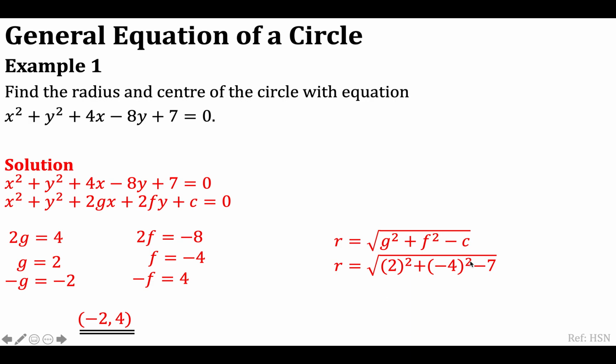Now it's really important, folks, that we have the bracket around the negative 4 so that we know that the negative is being squared as well. That's a common mistake that we don't want to be making when we get to higher. So when we evaluate that, we've got 4 plus 16, that's 20, minus 7 is 13. So the radius is the square root of 13, and that's units.